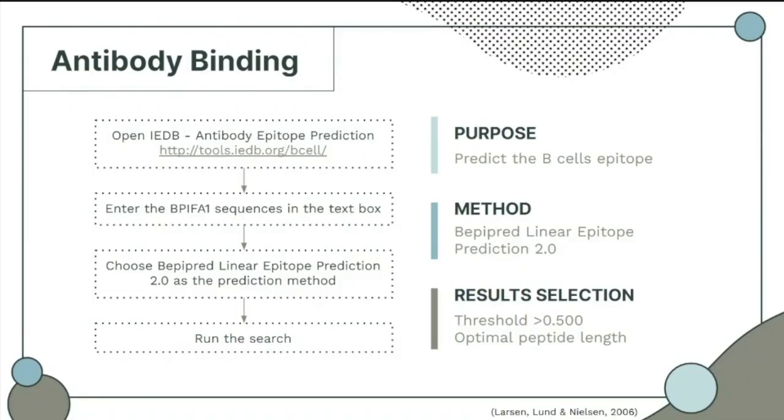So sometimes in the results, the B cell epitope will have a very long peptide chain or a very short peptide chain, but for this study, we're going to choose the optimal peptide length, where the peptide chain is not too long or not too short.